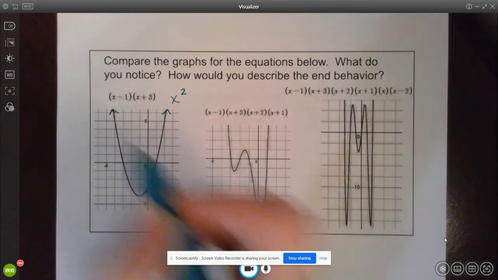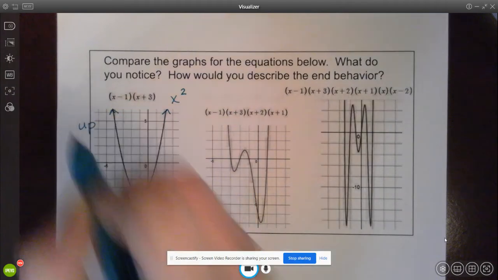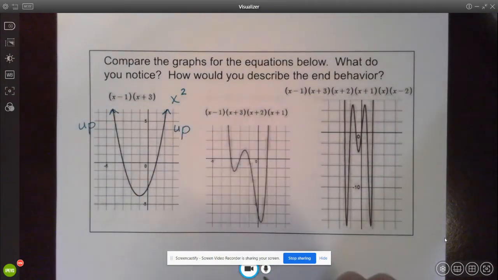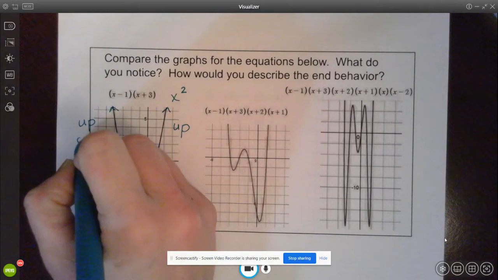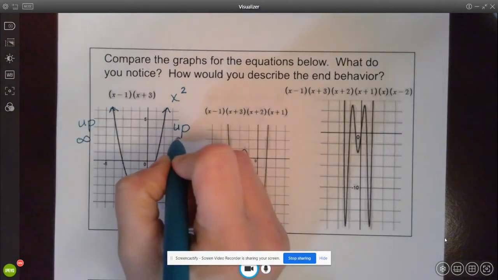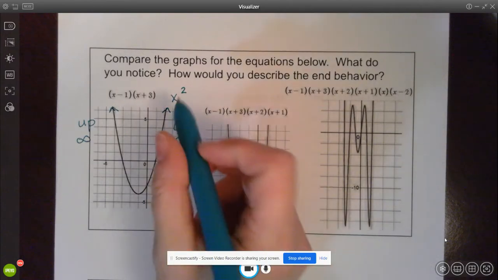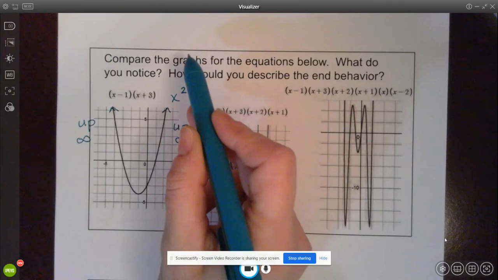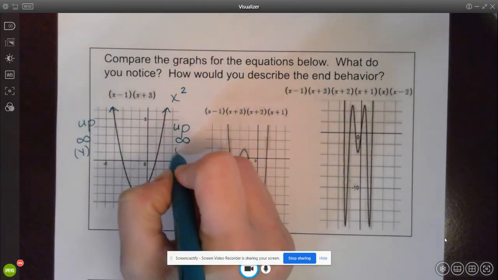In this case, the left is going up and the right is also going up. So we would know that that means we're approaching infinity on the left and infinity on the right.